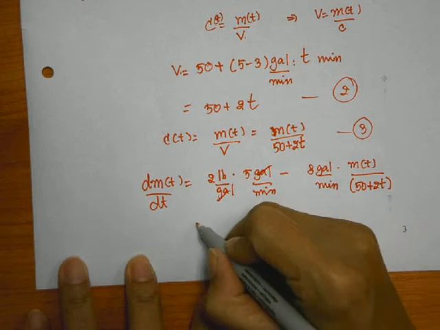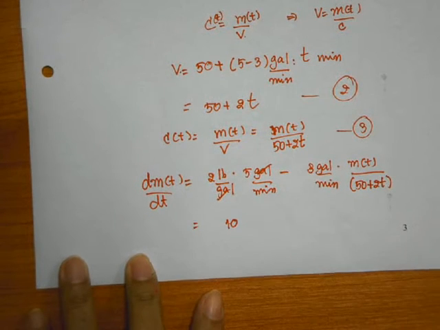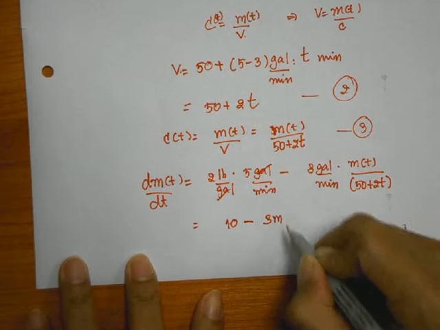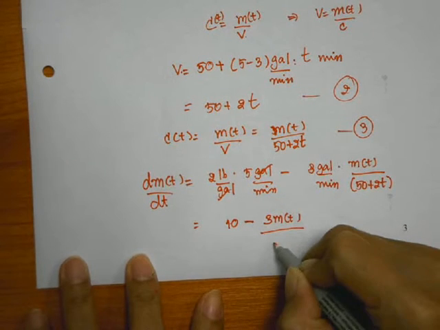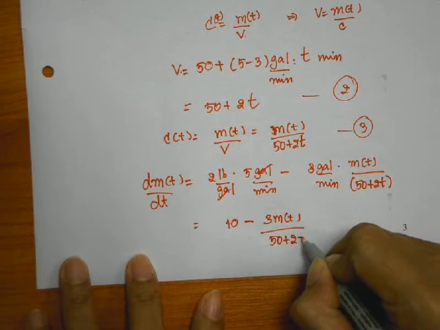Now we get 10 minus 3M(t) over 50 plus 2t.